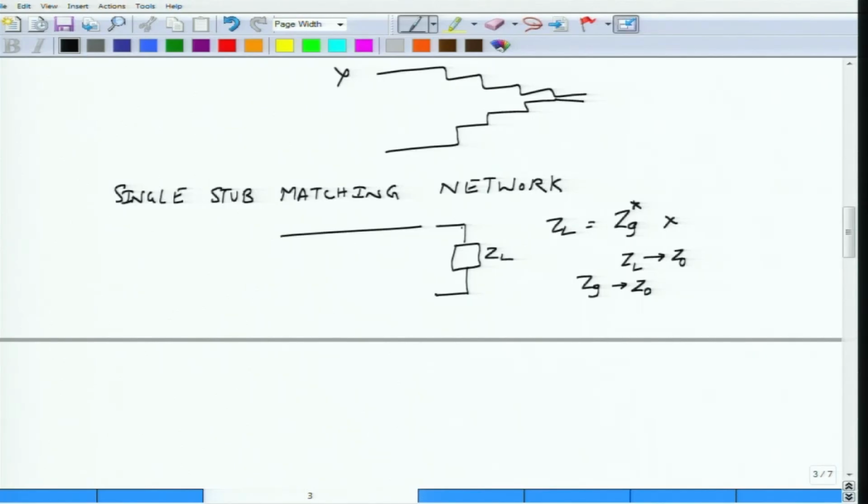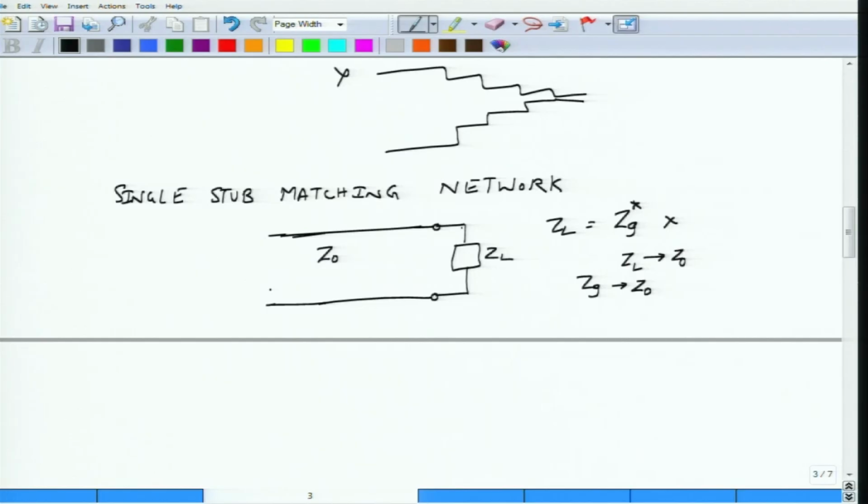Okay, so this is the load. These leads are very short, assumed to be ideally of 0 length, so don't bother about these lengths. But to this load terminal you connect a uniform lossless transmission line having a characteristic impedance of Z0, of any length that you are considering.